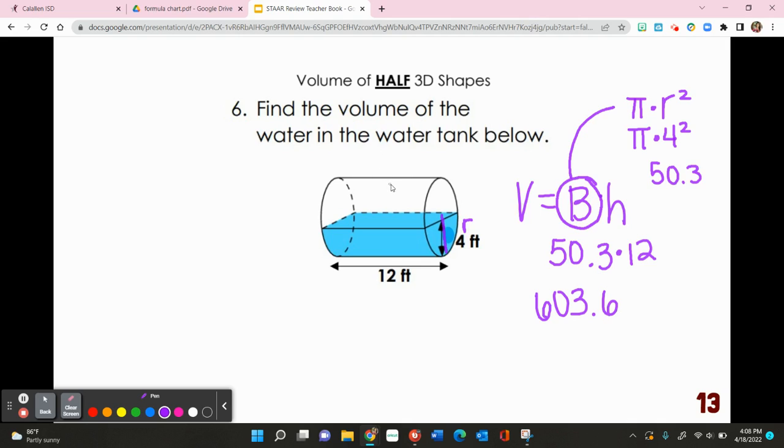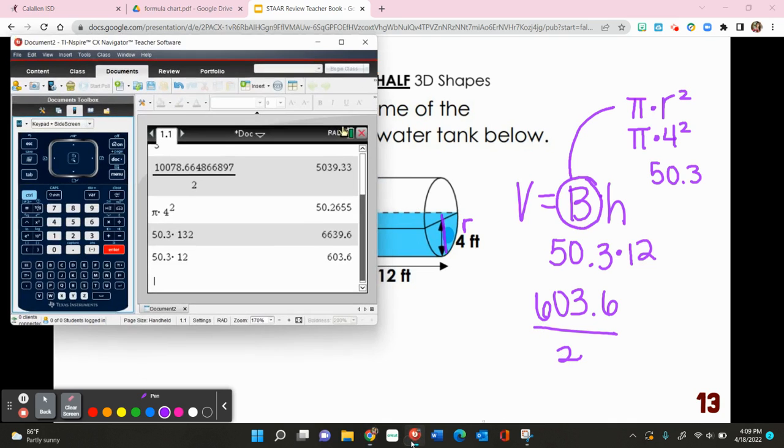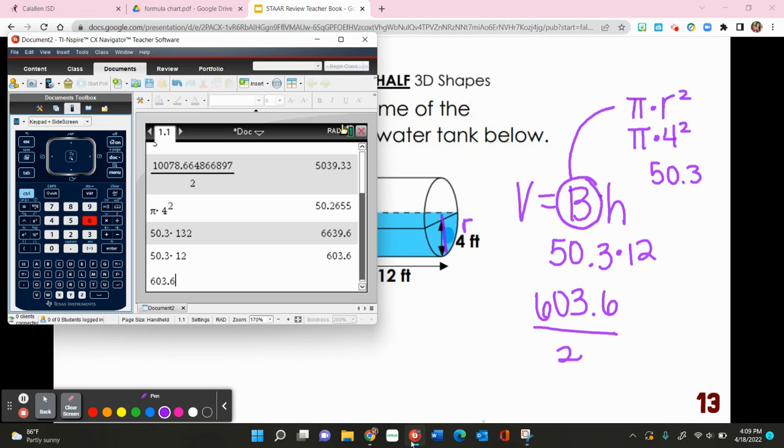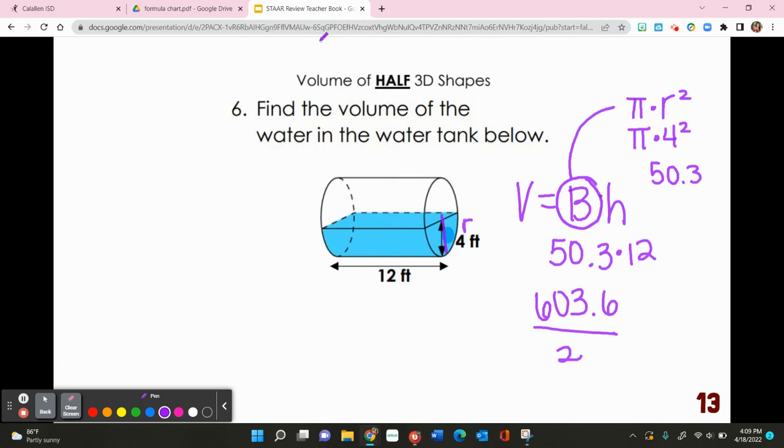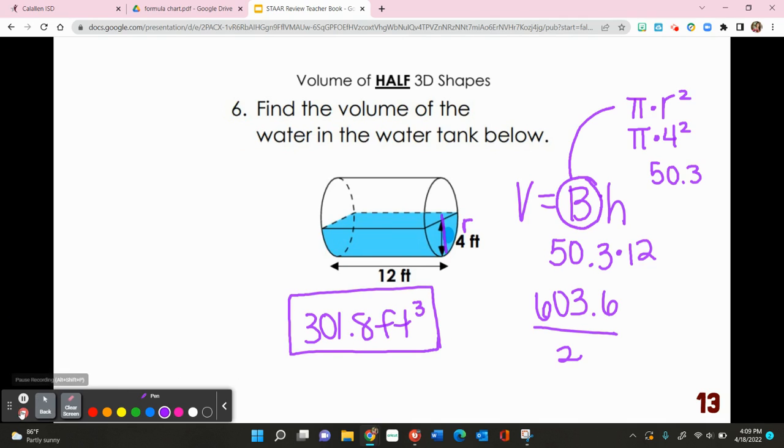But if we're just trying to find the volume of the water in this cylinder, notice how the water is only halfway full. So I'm going to divide this by 2. 603.6 divided by 2 gives us 301.8. So here the volume of the water is 301.8 feet cubed. And that is finding volume of three-dimensional shapes.